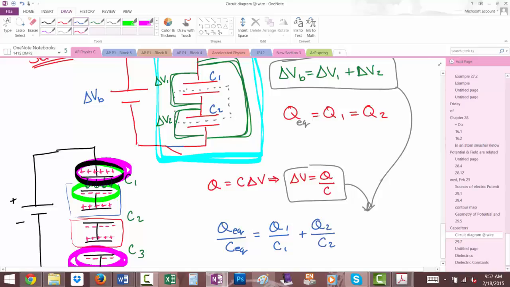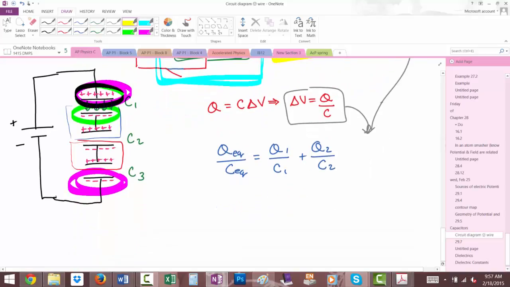Is that okay? Then Brian says that looks about good. No, that's not the end. Since all those charges are equal, we'll have just 1 over C equals 1 over C1 plus 1 over C2, which looks familiar.